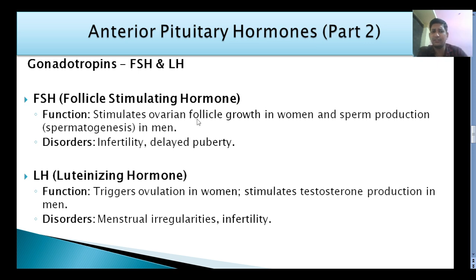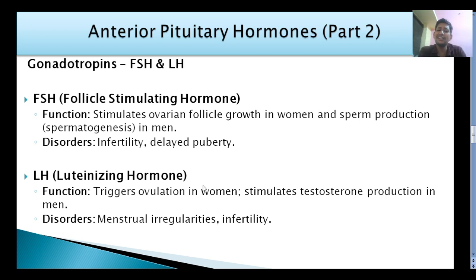It stimulates follicular growth in women, and also it is responsible for the production of sperms in men. So this hormone works in males as well as females. And if FSH is decreased, it causes infertility as well as delayed puberty.